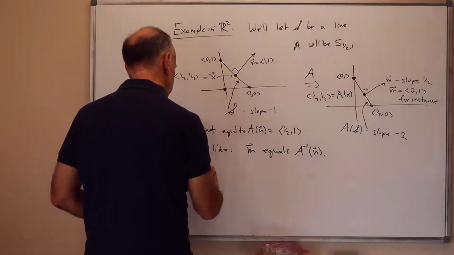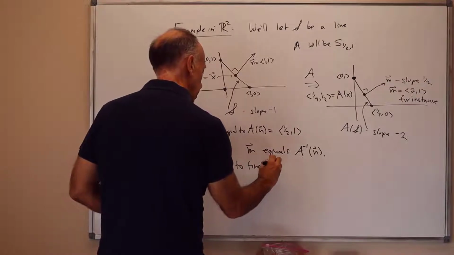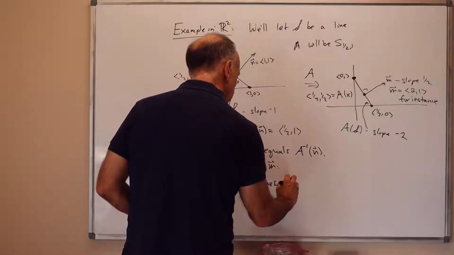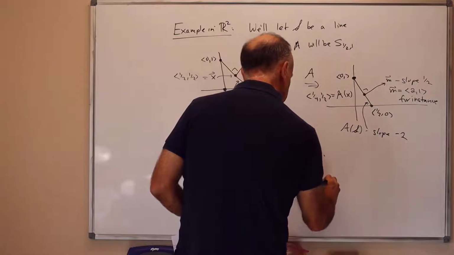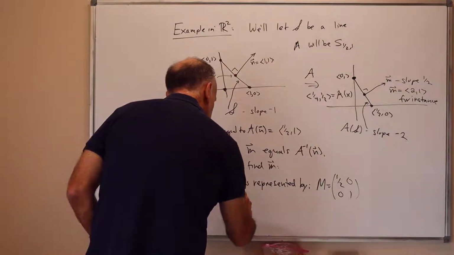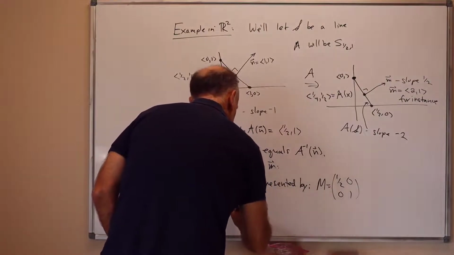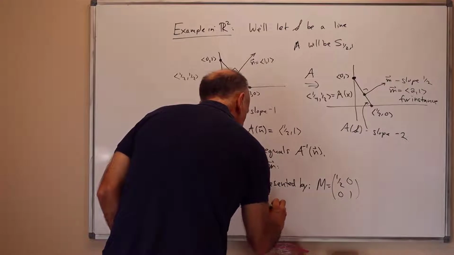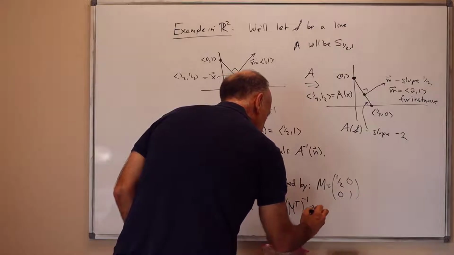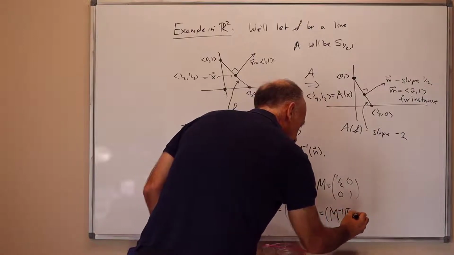The correct way to find M: we have that A is represented by the 2 by 2 matrix M, which is (1/2, 0; 0, 1), and then the normal vector m is equal to M transpose inverse times n, and that's the same as M inverse transpose times n.